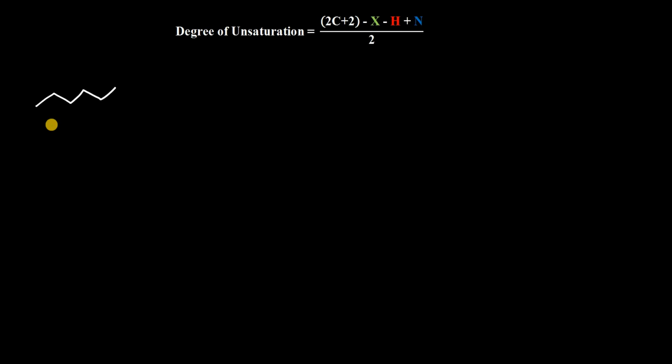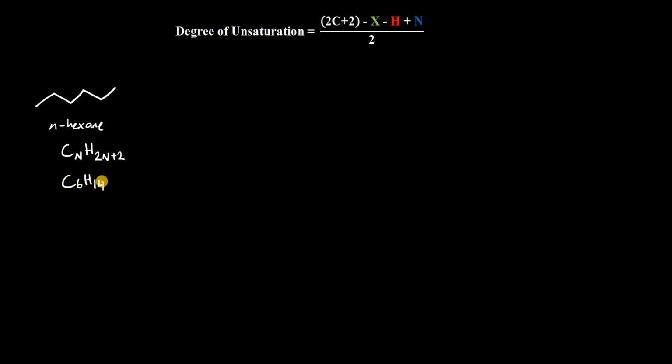We know that in n-hexane, the molecular formula is defined by CnH2n+2, where n refers to the number of carbons. Hex means 6, so the molecular formula here would be C6H14, since 2 times 6 is 12, plus 2 is 14.